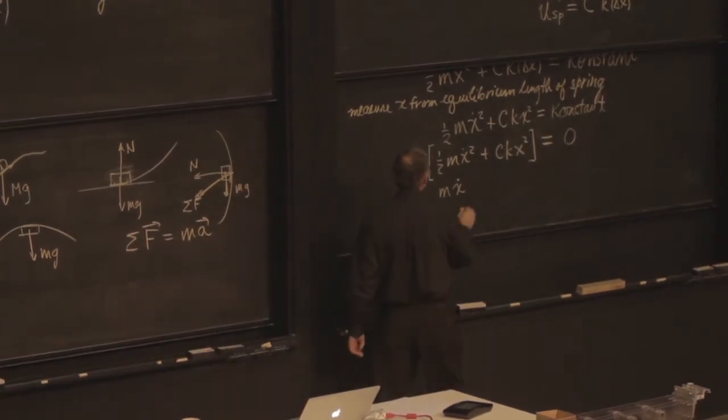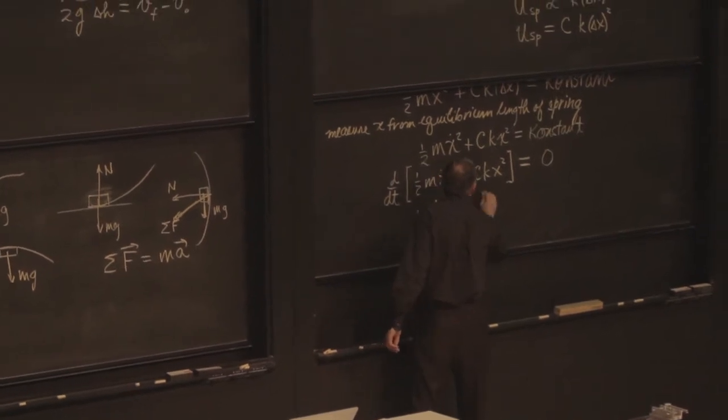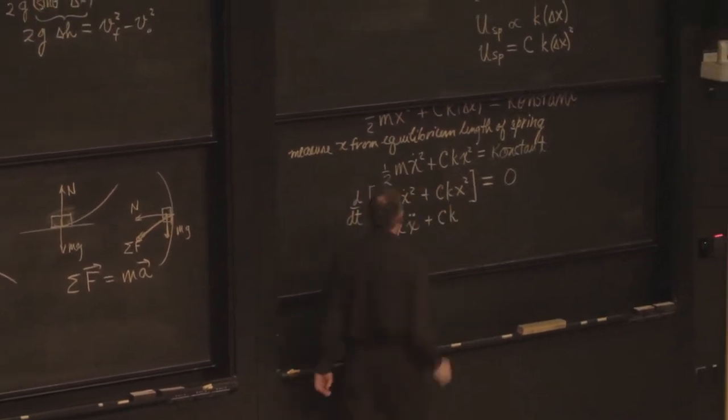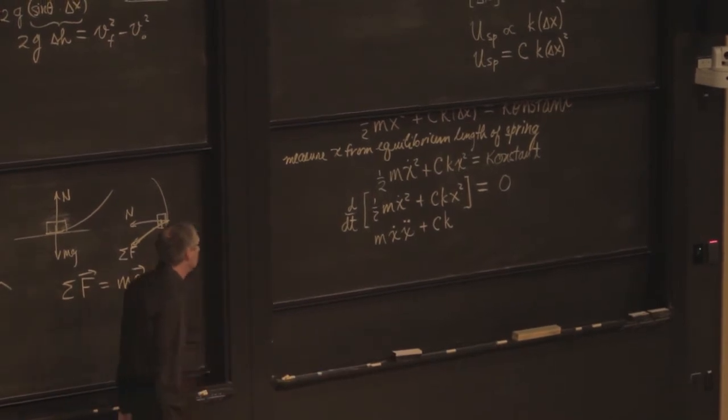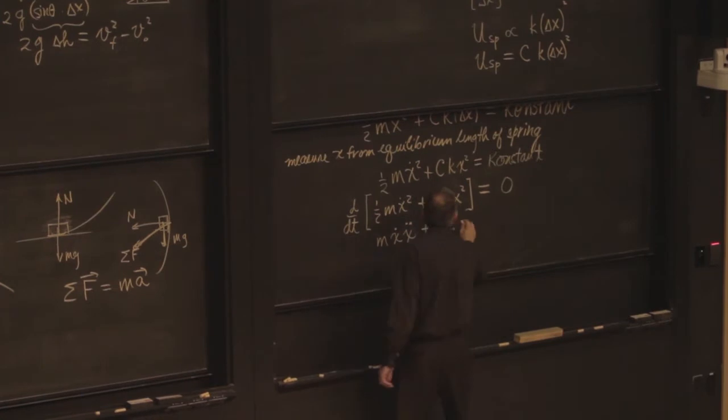So that's x double dot plus c k times what? 2x x dot.